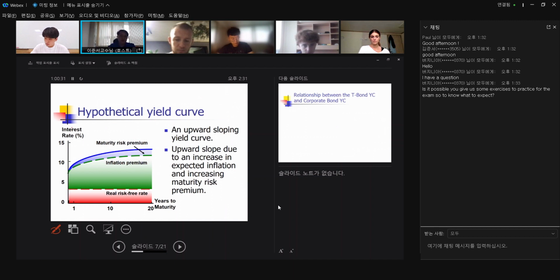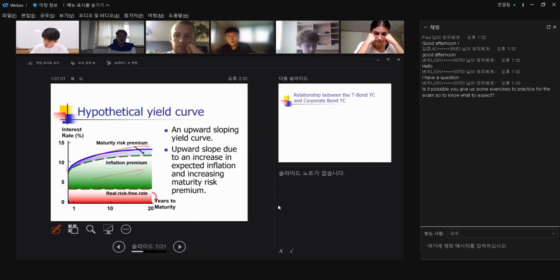So the hypothetical yield curve. We'll say the real risk-free rate is fixed. Inflation premium is increased as time goes by. Maturity risk premium is also upward, increasing, right? So the upward-sloping yield curve is the general one.